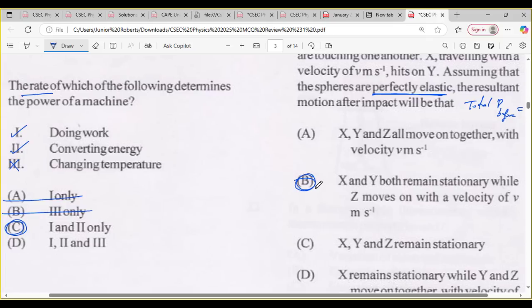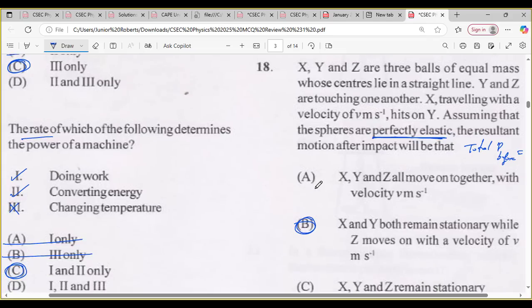If all the balls are moving, then the total kinetic energy, KE total, is going to be equal to a half m. Let's assume they're moving with the same velocity. Then the total kinetic energy after is a half 3m times v squared.